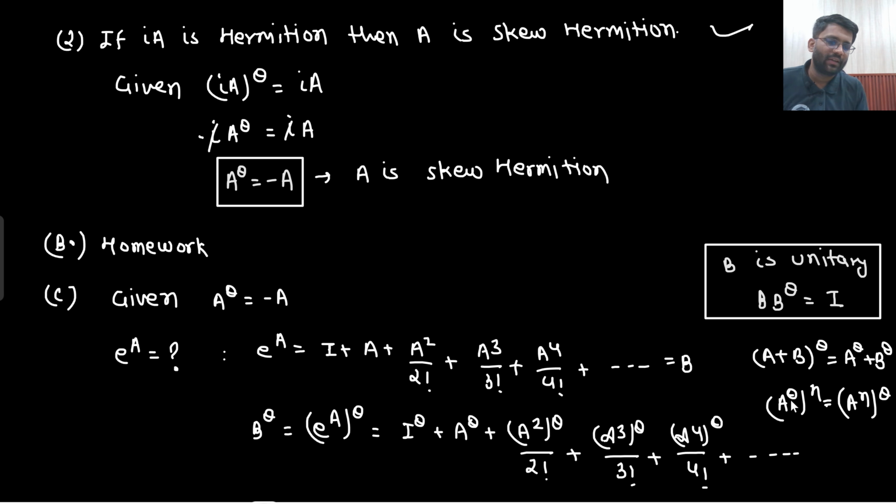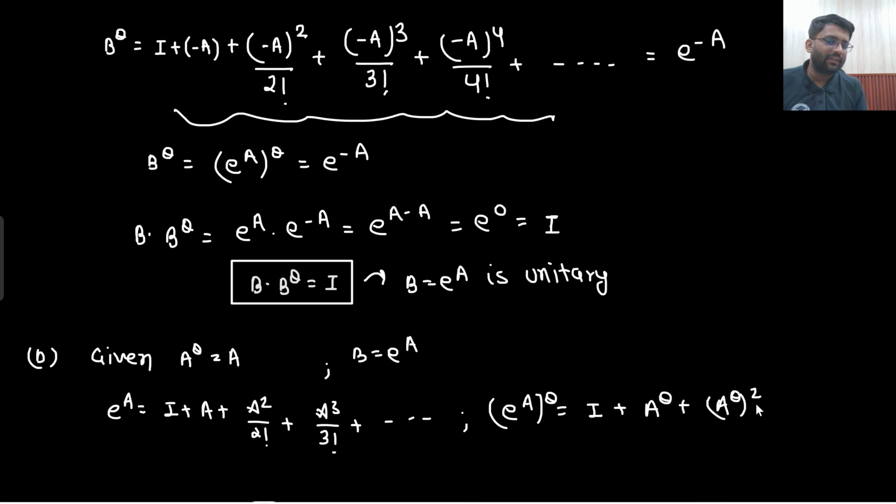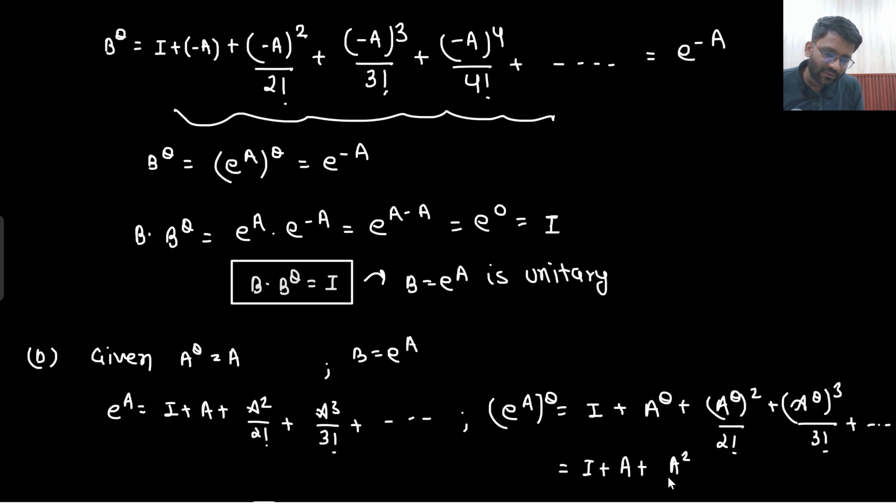Because of this property: A to the power theta n could be written as A to the power n theta. So power and theta could be interchanged, divided by 2 factorial, A theta cube divided by 3 factorial. Now you know that A theta is nothing but A only. So this could be replaced as I plus A square by 2 factorial plus A cube by 3 factorial and so on. So what did you see here? That e to the power A theta is nothing but e to the power A only, right?